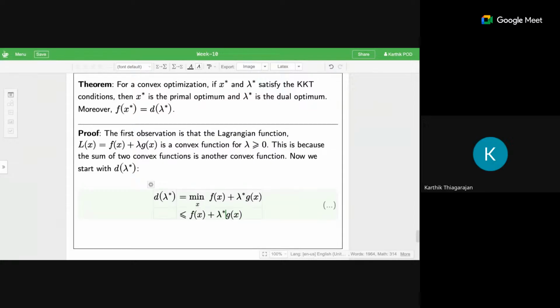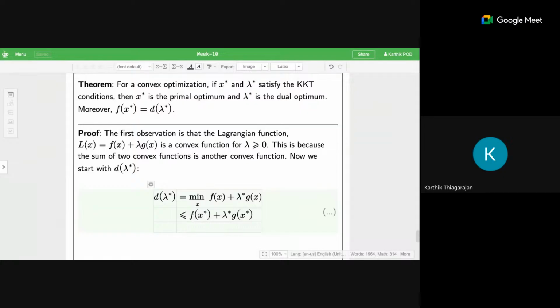Okay. Now, since this is true, this is also true for any x star, right? So this is also true for f of x star plus, for x star particularly, right?